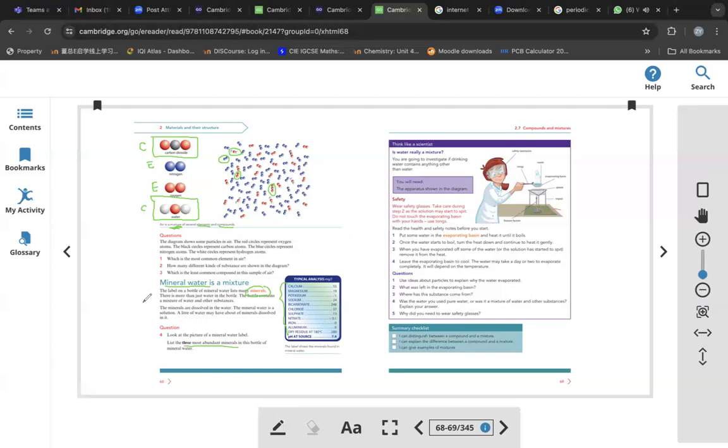What does abundant mean? Abundance means they have the most. So for example, if I tell you that on Earth 70% of the matter is iron, this is high abundance. So it's like how much it appears.